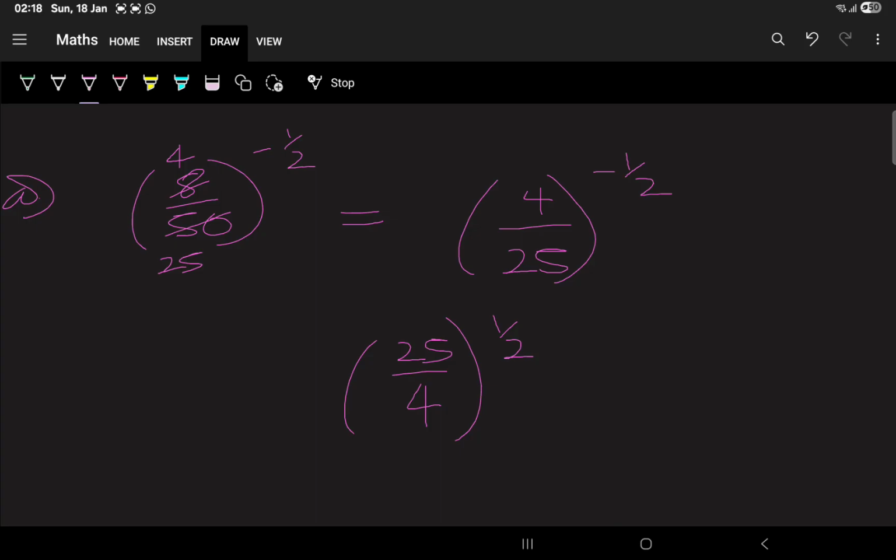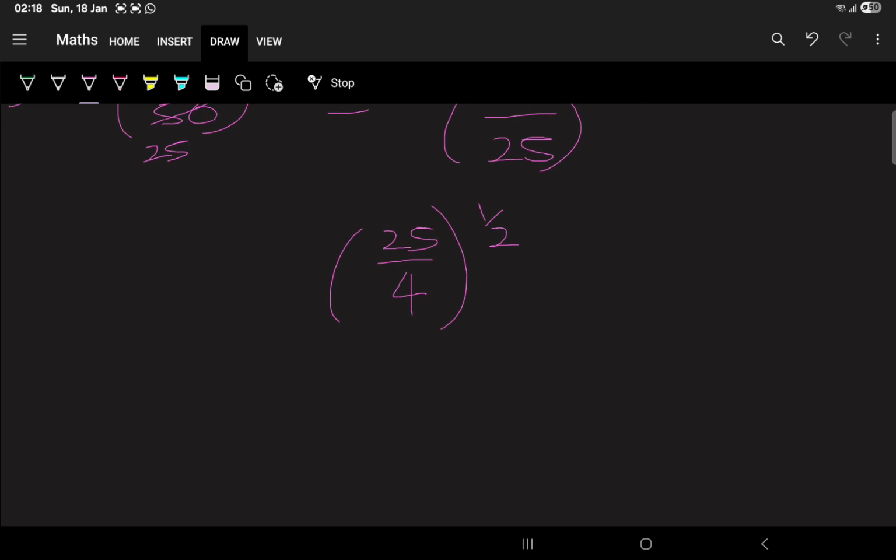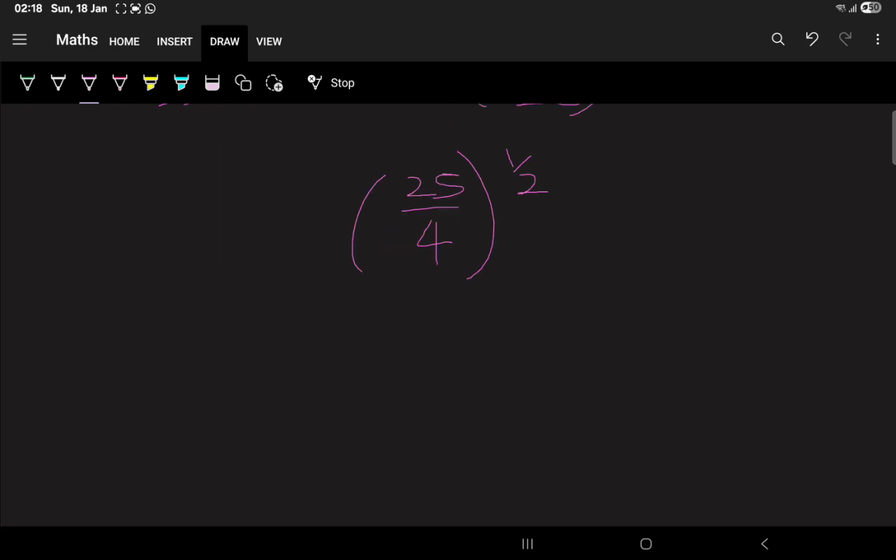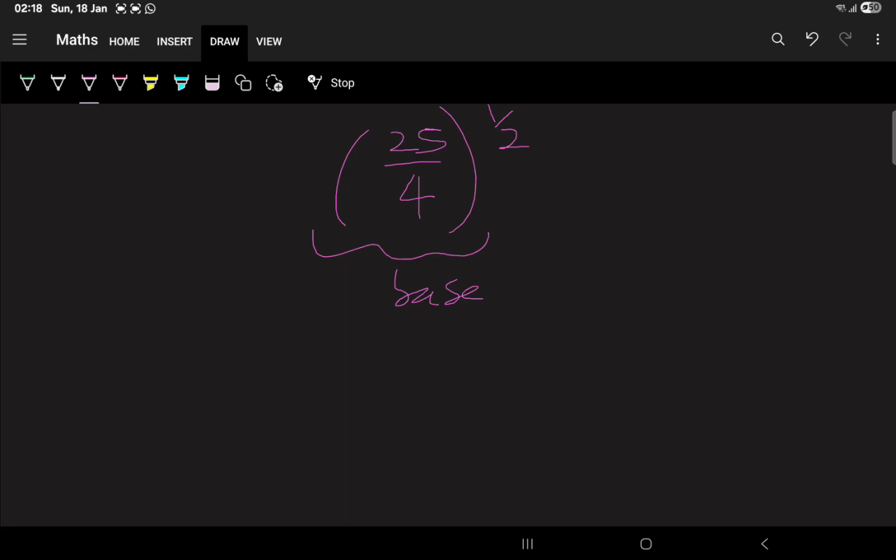Now again, how this came about has been explained in the previous video, so please do well to watch the previous video if you haven't. Now this 25/4 being our base is raised to the 1/2 power. This is telling us we're taking the second root or the square root of 25 divided by 4.